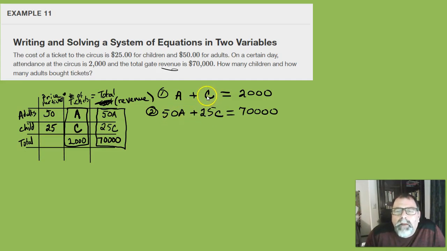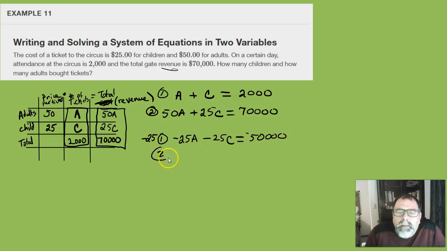I'm going to multiply equation 1 by the opposite of that coefficient, so negative 25. So I get negative 25A minus 25C equals negative 50,000.